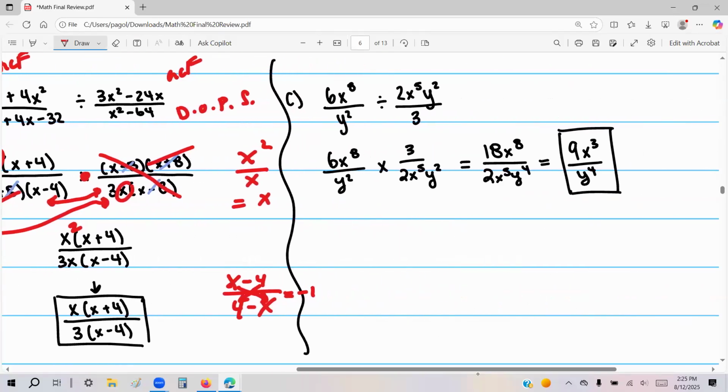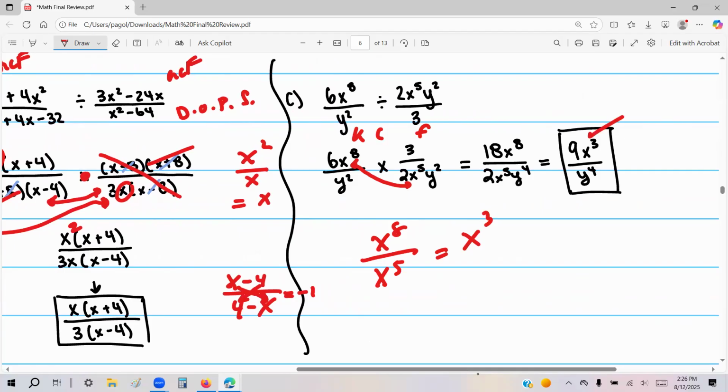Then the next one is a one variable division. So you do keep, change, flip, and you see you have x to the 8 and x to the 5. So x to the 8 divided by x to the 5 gives you x cubed on the top. So you have x cubed on the top.